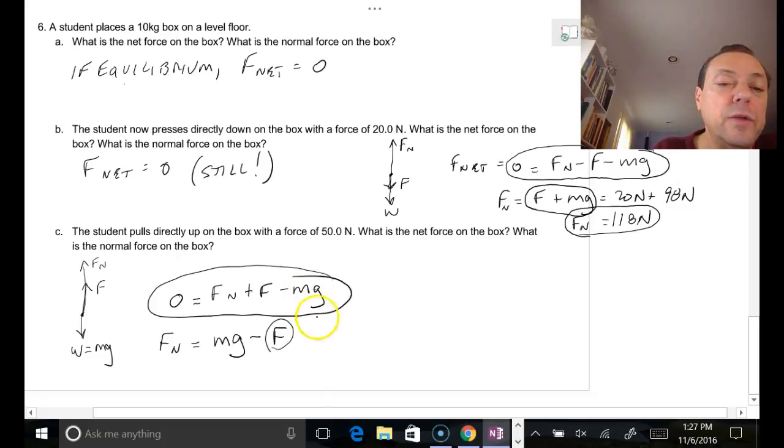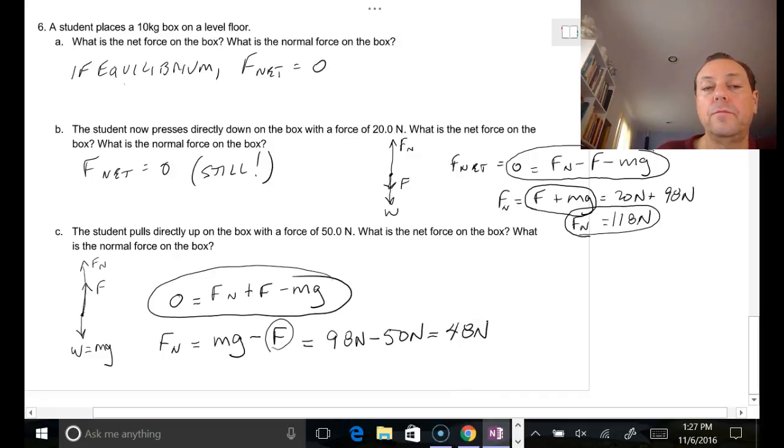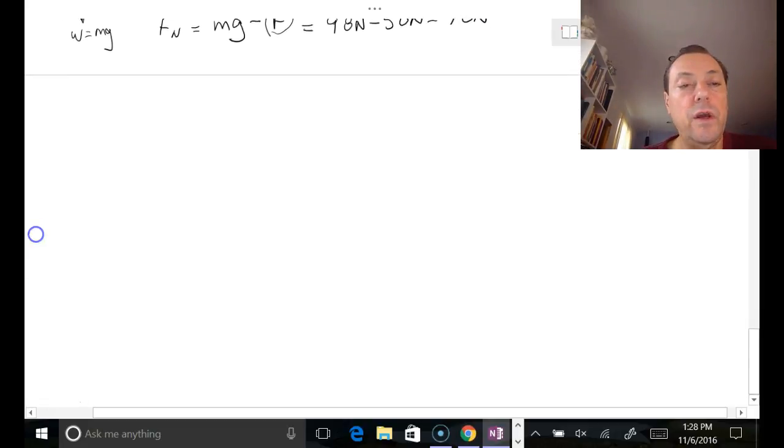Okay, so here the applied force goes the other way, and that actually takes some of the load off the floor. Okay, so 98 newtons minus 50 newtons is equal to 48 newtons. Okay.